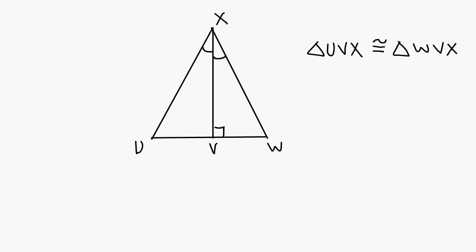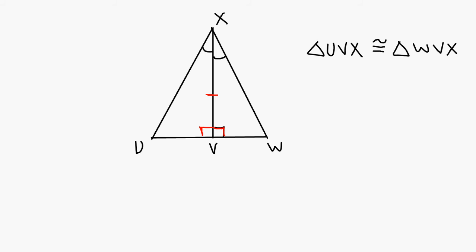All right, looking at these two triangles, if this angle down here is 90 degrees, then what's the angle on the other side? 90. It's 90 as well. And both triangles share side XV, don't they? So this side is congruent to itself.